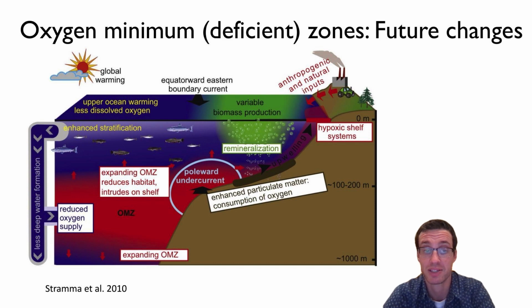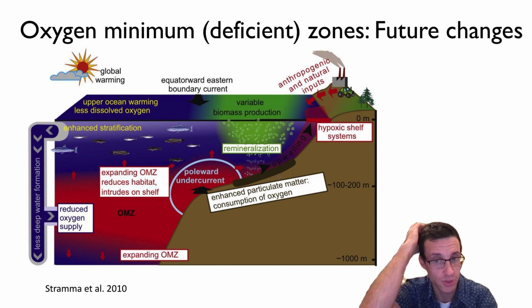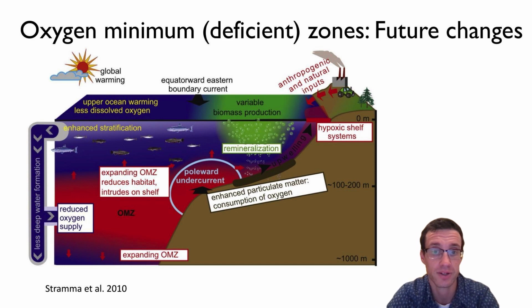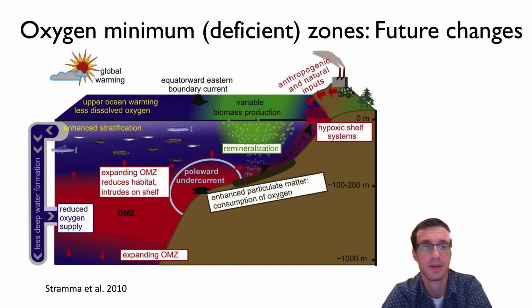You'll learn more about the temperature effects on density in physical oceanography later this semester, but essentially warming water makes that lighter, it makes it less dense, and that makes it harder for water to mix down. And so you reduce the ventilation of water that occurs in the winter when things are cooling and mixing down deep.